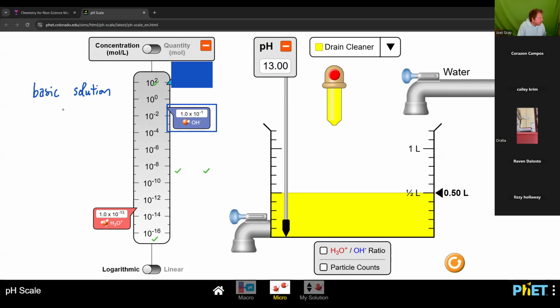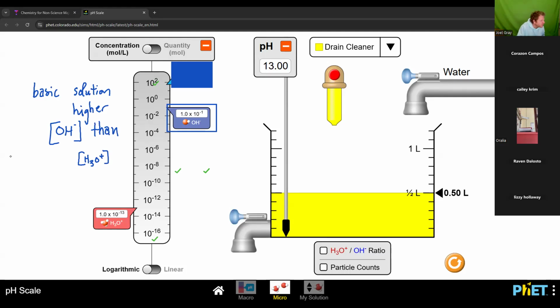Or let me rephrase that: higher OH minus. I'm going to put these brackets here. That bracket indicates concentration. Higher hydroxide ion concentration than H3O plus concentration. So my hydroxide ion concentration is higher than my hydronium ion concentration.